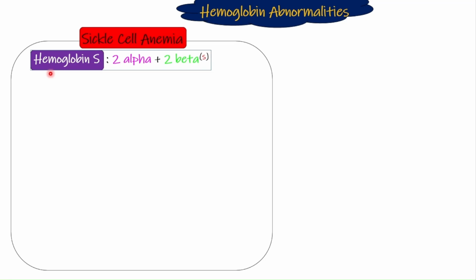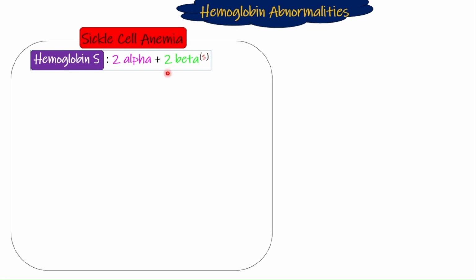Now hemoglobin S consists of 2 alpha chains and 2 beta chains, and now you will say that this is perfectly normal, having 2 alpha chains and 2 beta chains. But just focus here. On this beta chain, there is a small s, which means that this is not the normal beta chain. This is the beta chain which is giving rise to hemoglobin S, which will cause sickle cell anemia.